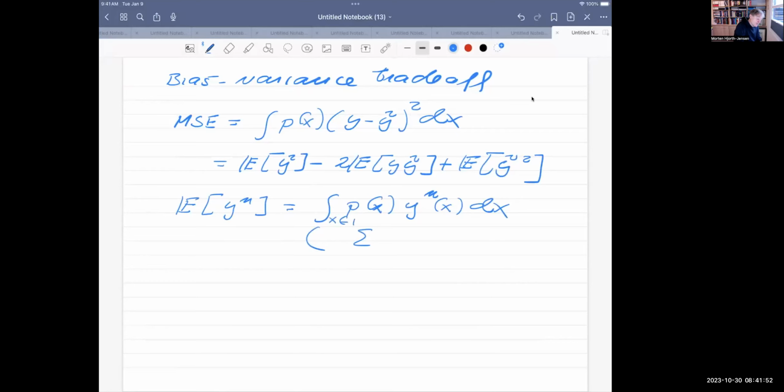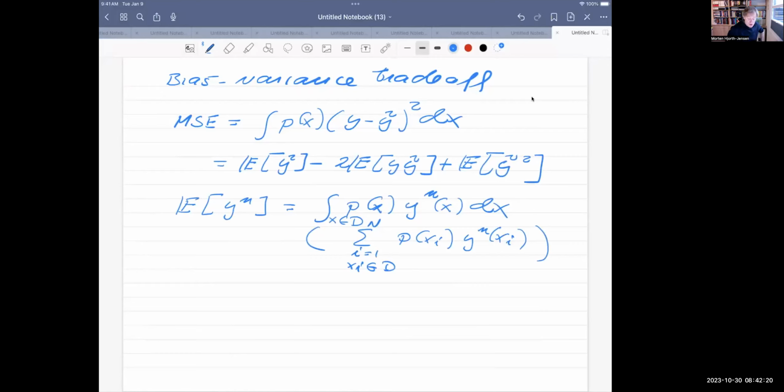So this is x defined by the domain of events. So here we would have a sum over i from 1 up to a given set of events, where x of i belongs to the set of events, and we would have a p of x of i, and then we would have y of n as a function of x of i. That is for the discrete probability distribution.